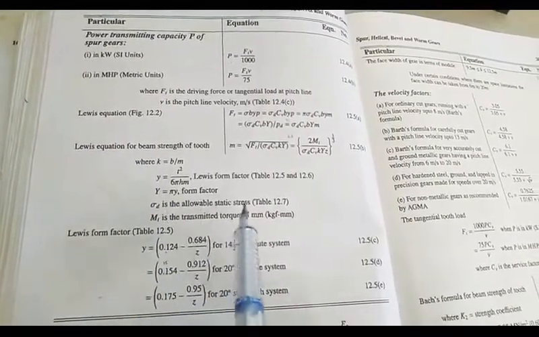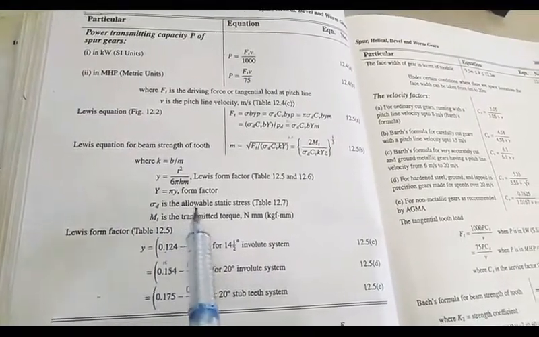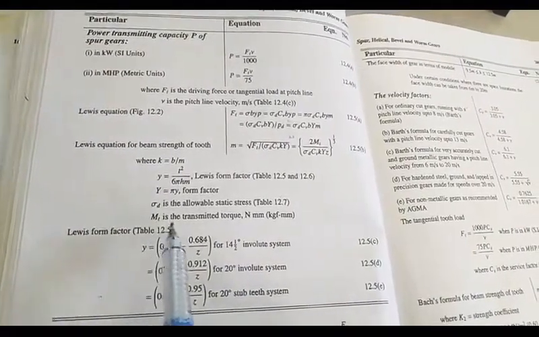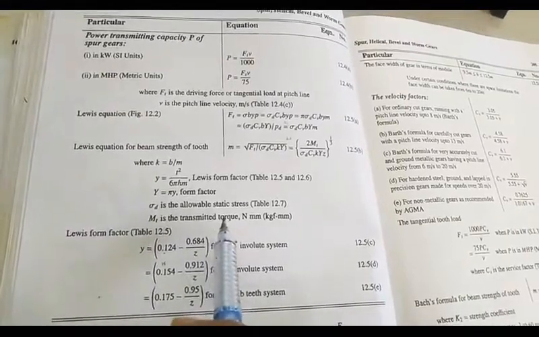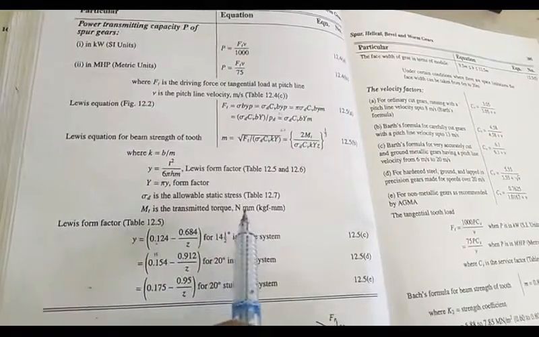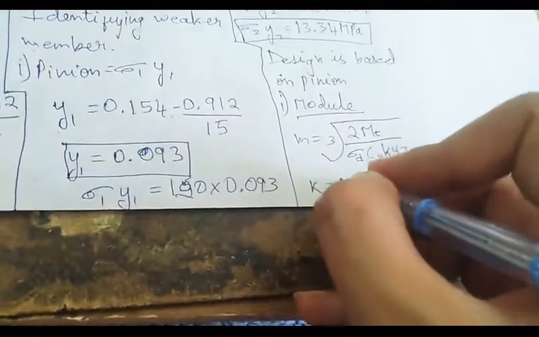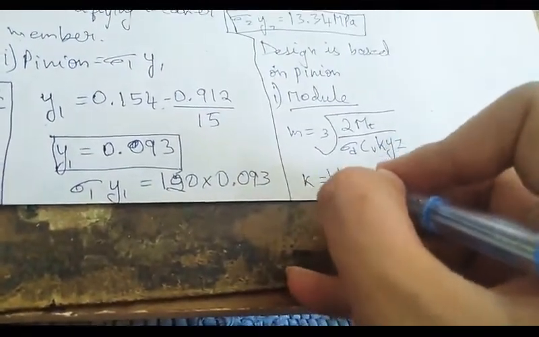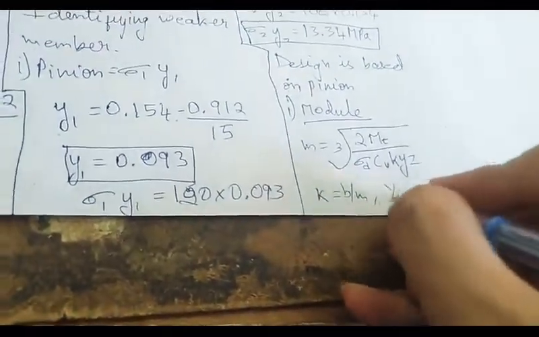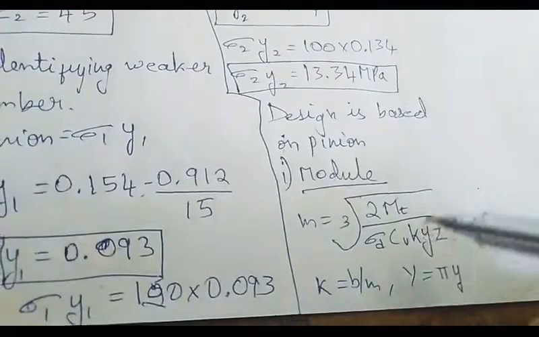Sigma d is the allowable static stress, which they have given in the question, and Mt is the transmitted torque in Newton per mm. So this much we have got from the data handbook.